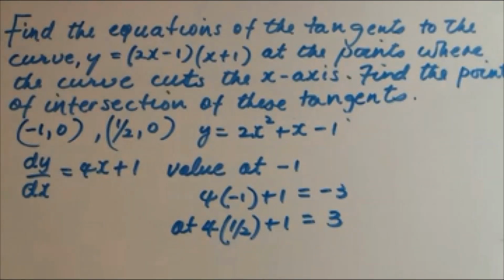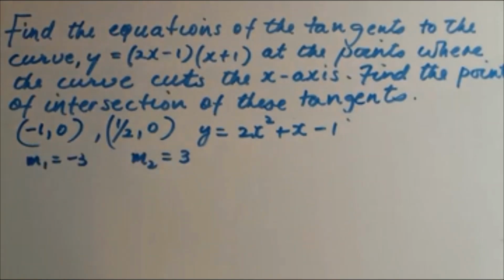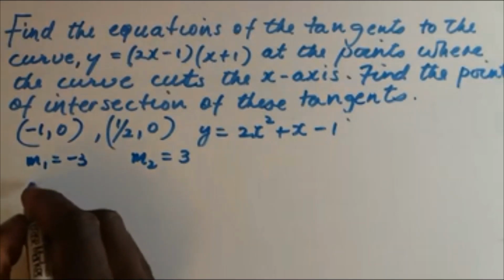And now we could go ahead and find the equations of these tangents to the curve. So we call the gradient at minus 1, 0, negative 3, m1, and m2 is the gradient at the point a half, 0. Let's find the equations of the tangents.